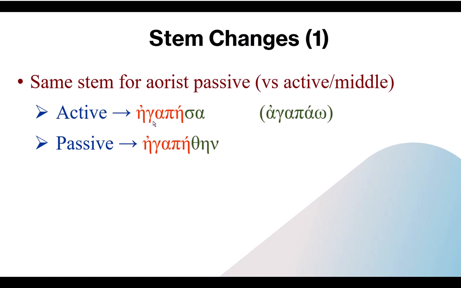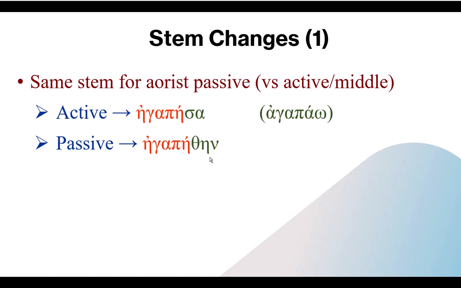So the stem is the same for agapao. This would be I loved, and this would be I was loved, passive sense of the aorist. And just like the active aorist, the view is looking at the action from outside. Again, context always fills that in for you. We can't make absolute statements about what any tense means in any context, but it tends to be looking at the action from outside.